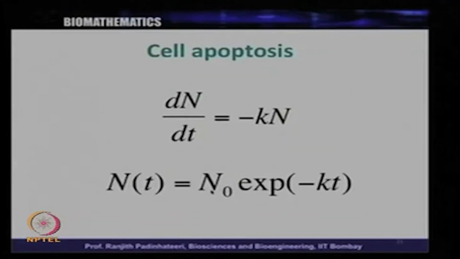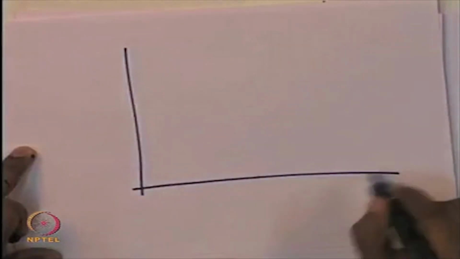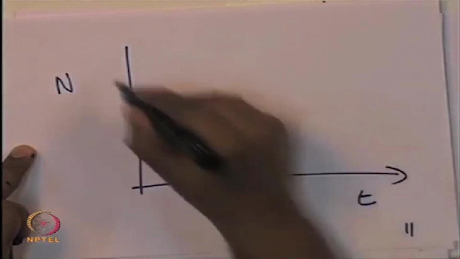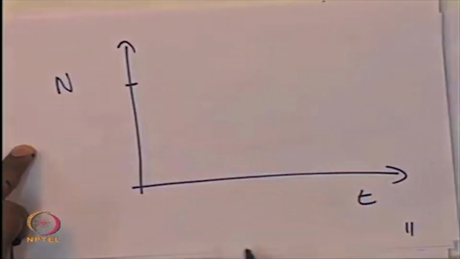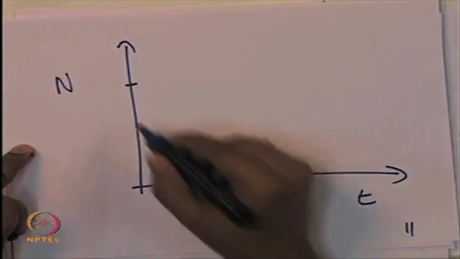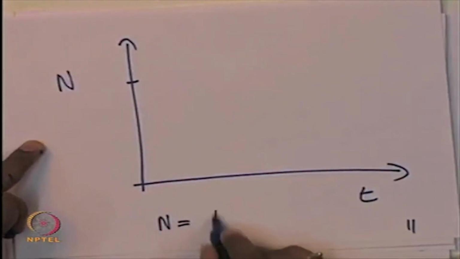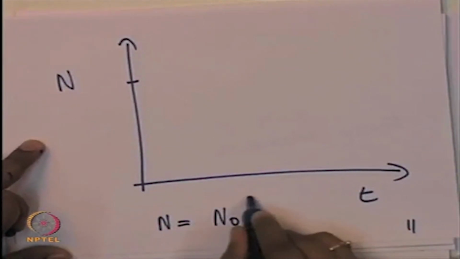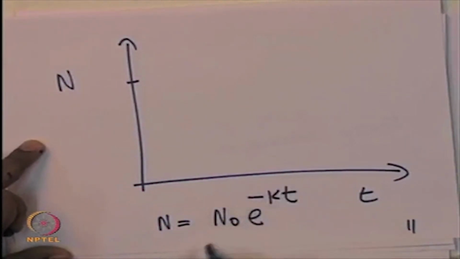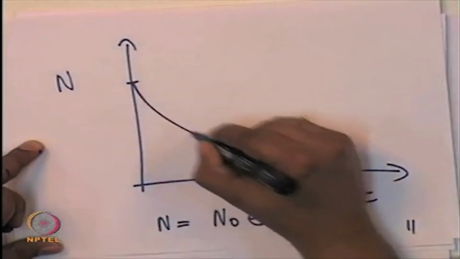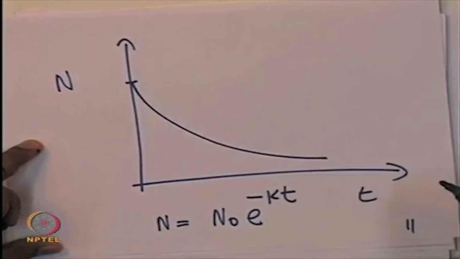So, let us look at here. We have n and t, and at t equal to 0 we have n0, that is this, and what we want to say is that n is equal to n0 e power minus kt, and that will look something like this.